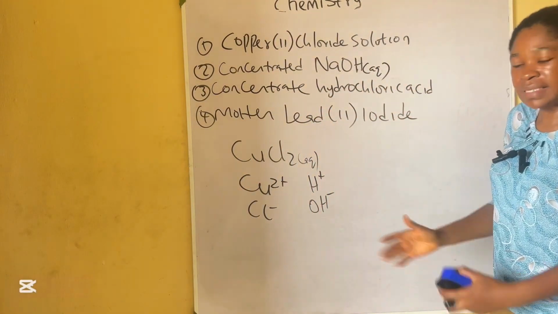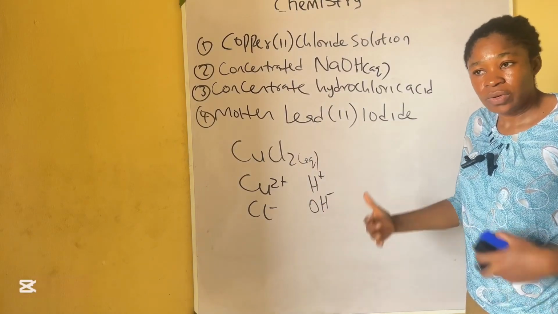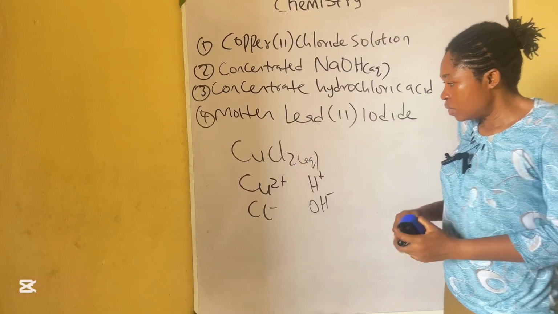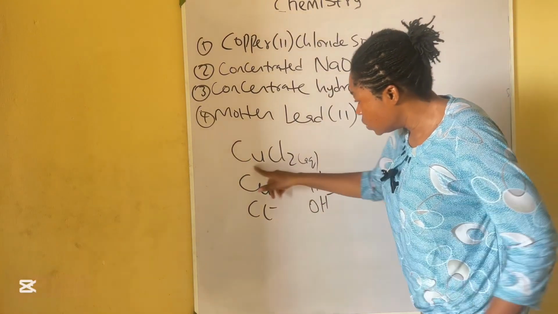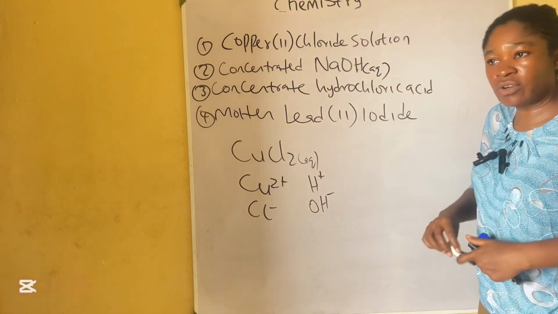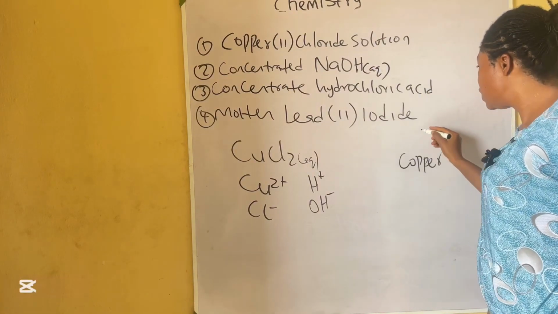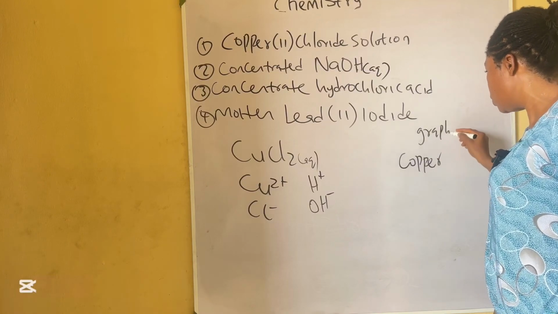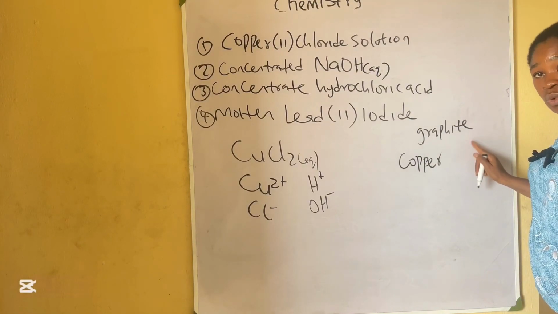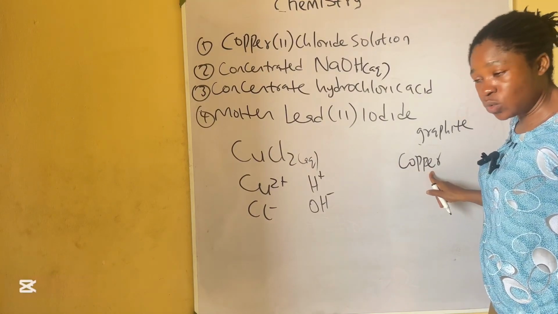If we use graphite, an inert electrode, graphite or platinum, then at the cathode copper will be discharged. So we're going to get copper. If you use a graphite anode, you have copper at the cathode.